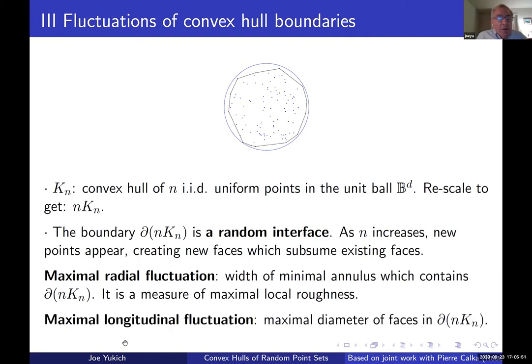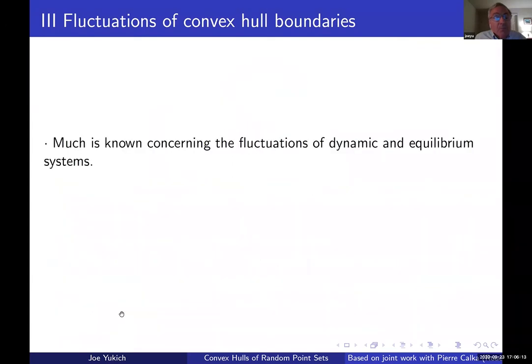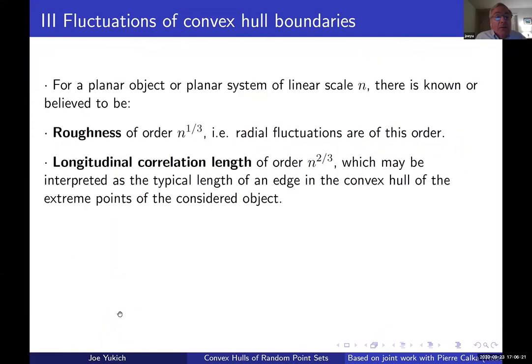And secondly, we can speak about the maximal longitudinal fluctuation. This is the maximal diameter of the faces in this random interface. So these two quantities measure fluctuations. They're the usual quantities one looks at in interfaces. So much is known concerning the fluctuations of several interfaces. For a planar object or planar system of linear scale n, there is known or believed to be a roughness of order n to the 1/3.